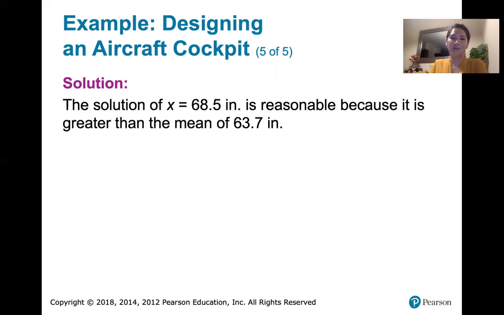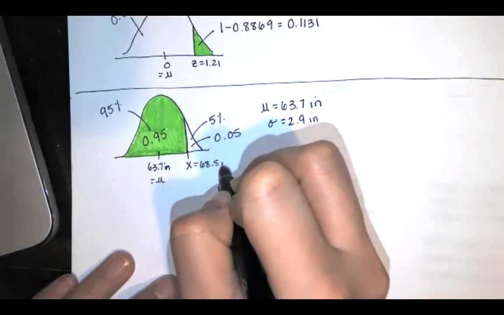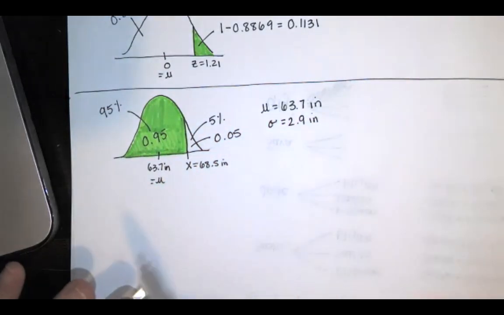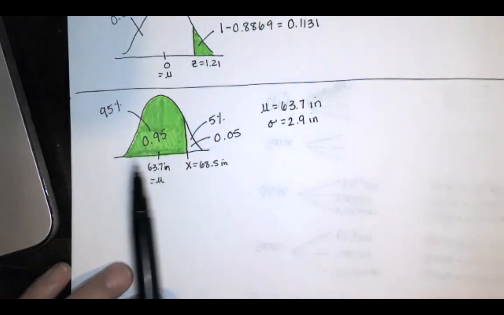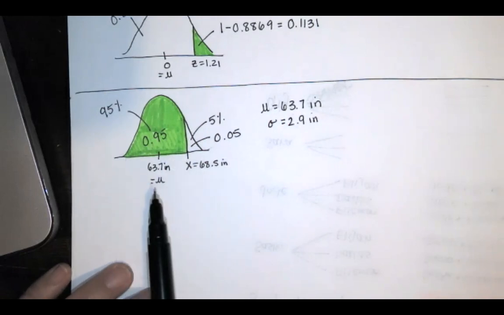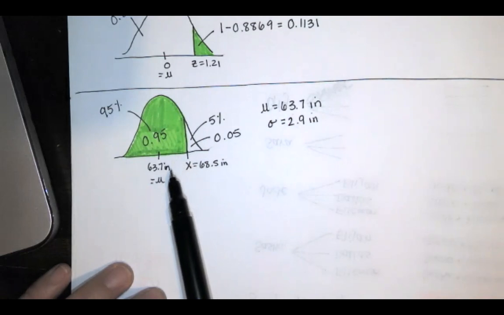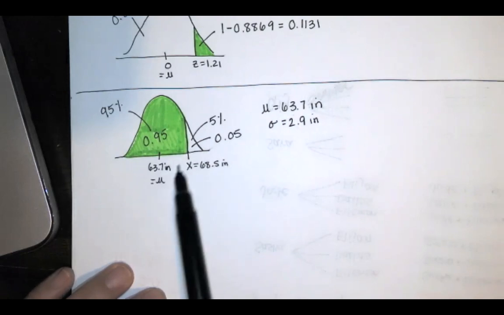Okay, so what this is saying is that if the Air Force changed their height requirements to say that women that are 68.5 inches or shorter are eligible for admission to the Air Force to become Air Force pilots, then this would be the height requirement.